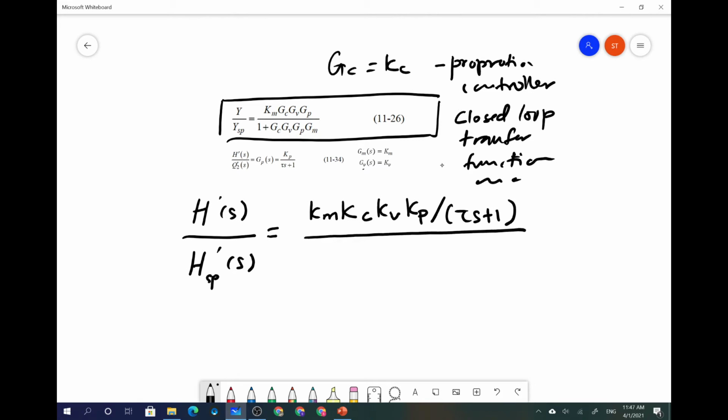Same goes with the denominator. GM is equal to KM. I just put it in front. So GC is equal to KC, GV is equal to KV, and we have Kp.